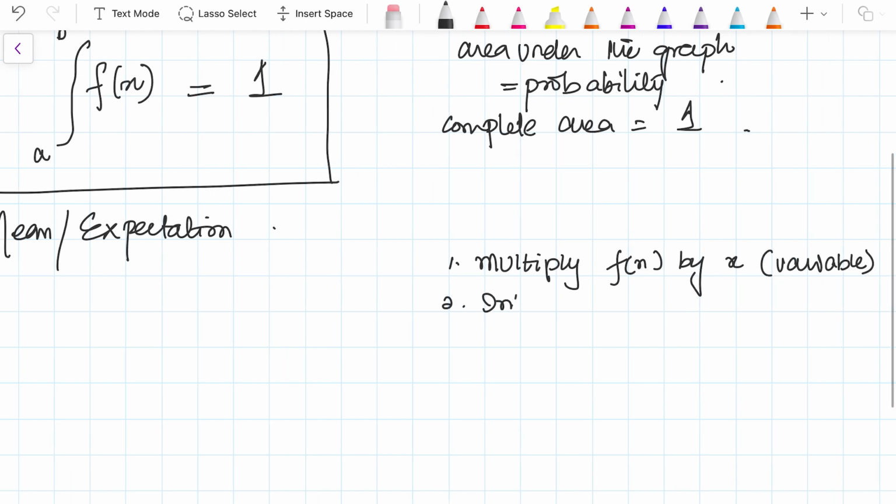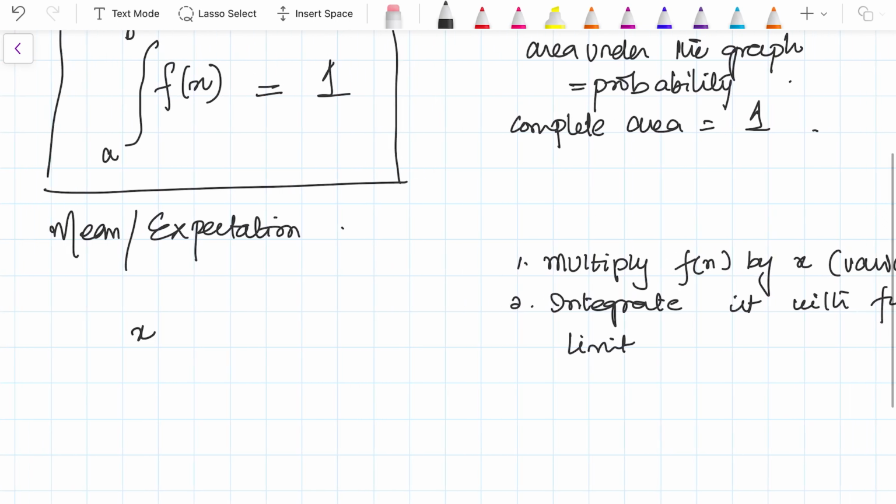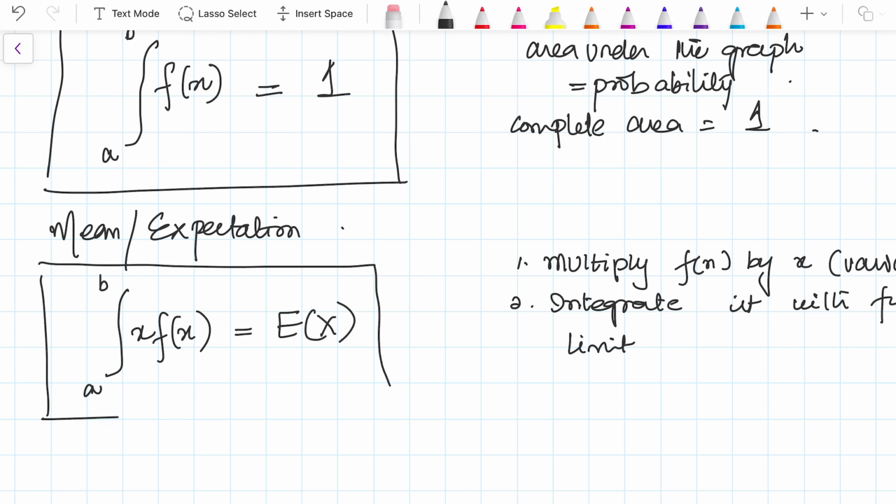We integrate it with full limit. Meaning x f of x integrated with full limit. We get the expectation. So that is the second concept of the chapter.